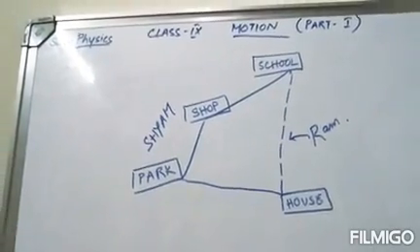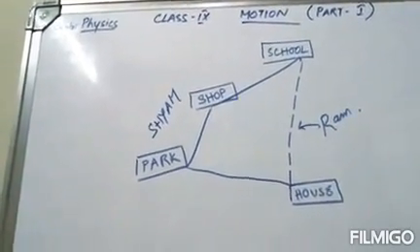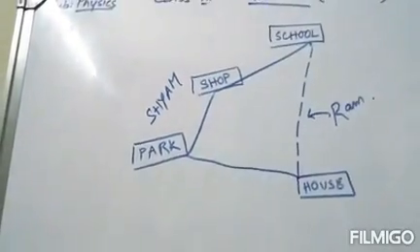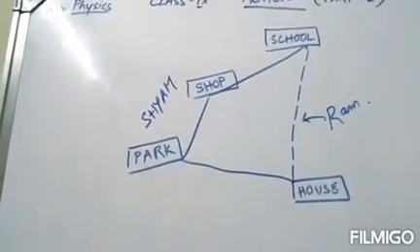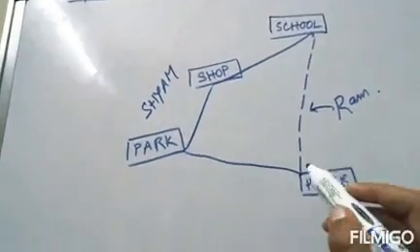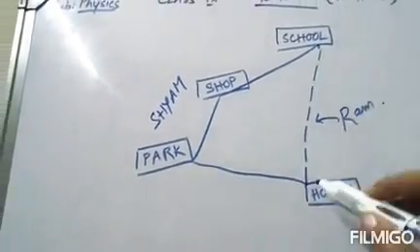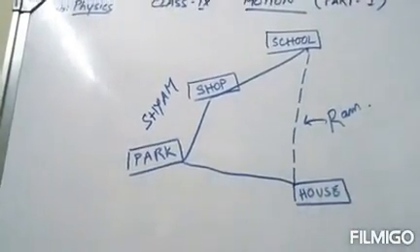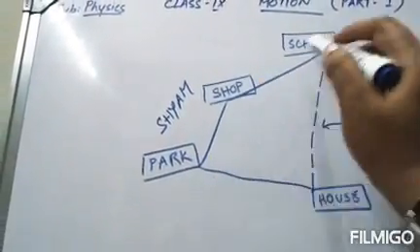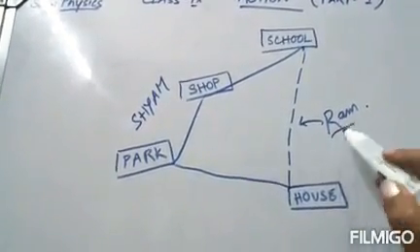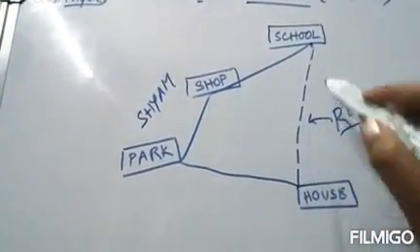From here only you can see that for both Ram and Shyam, the initial position is the house and the final destination is the school. So from house to school Shyam has taken a longer route, right, while Ram has taken the shortest route.